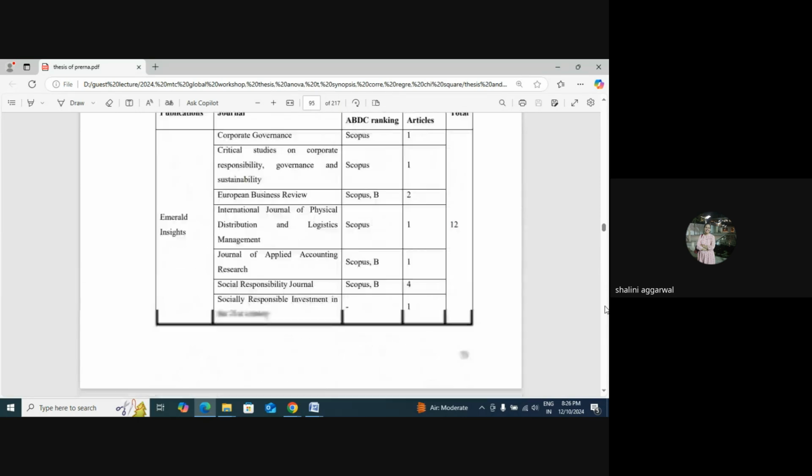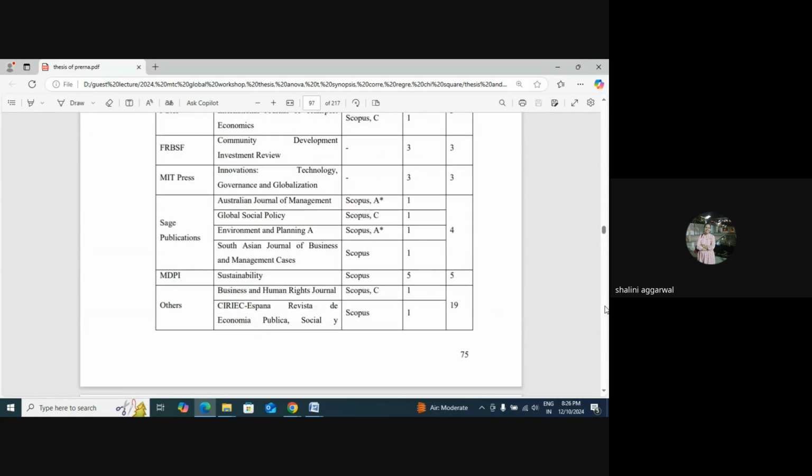Here it is. Objective 1, systematic literature review of previous study. So this is our first objective. So from here it is starting and she has clearly mentioned here objective 1. All of this is objective 1. This whole is objective 1.